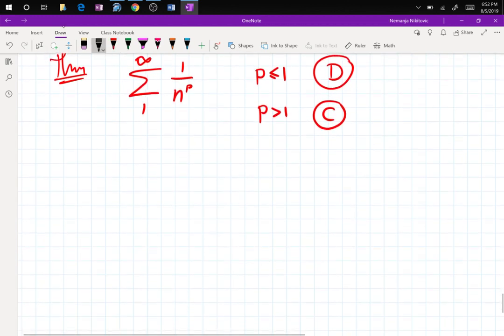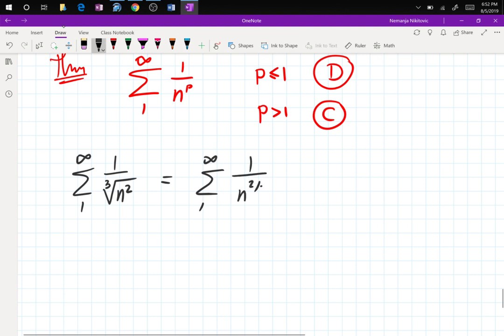So let's say you have summation 1 over cube root of n squared. Well, you will write this as summation 1 to infinity of 1 over n to the 2/3. 2/3 is less than 1, divergence, done.